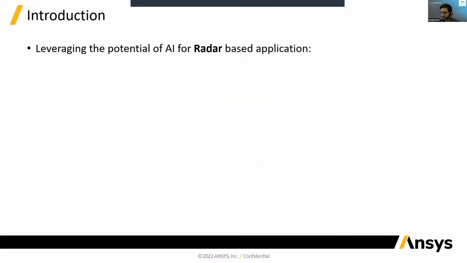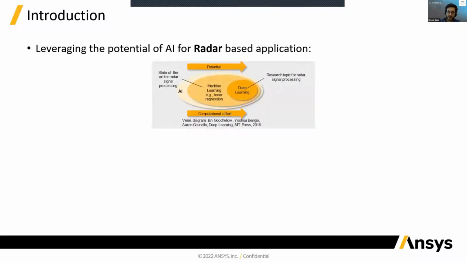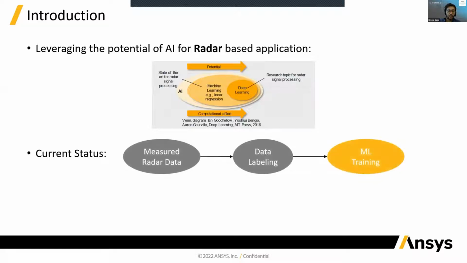From a radar perspective, there are several AI-based applications. Anything you can think of that a computer vision algorithm is able to perform based on AI, machine learning, neural networks, or deep neural networks, you can also transfer to radar applications, right? Currently, you measure data, you do the data labeling, and then you train your ML.